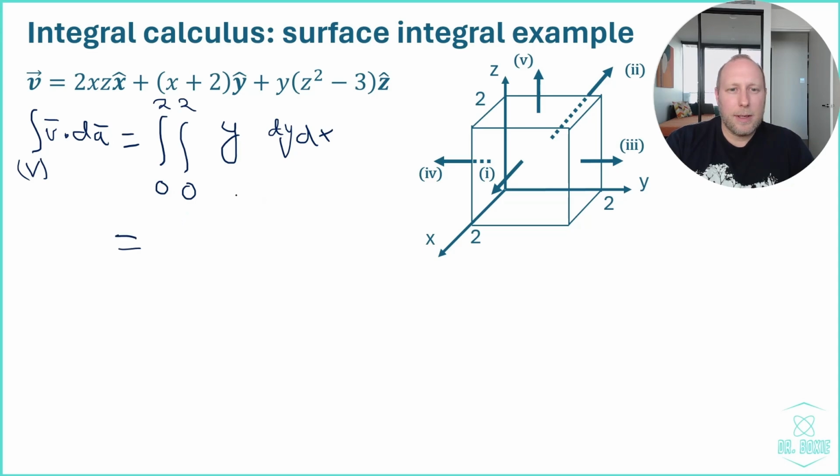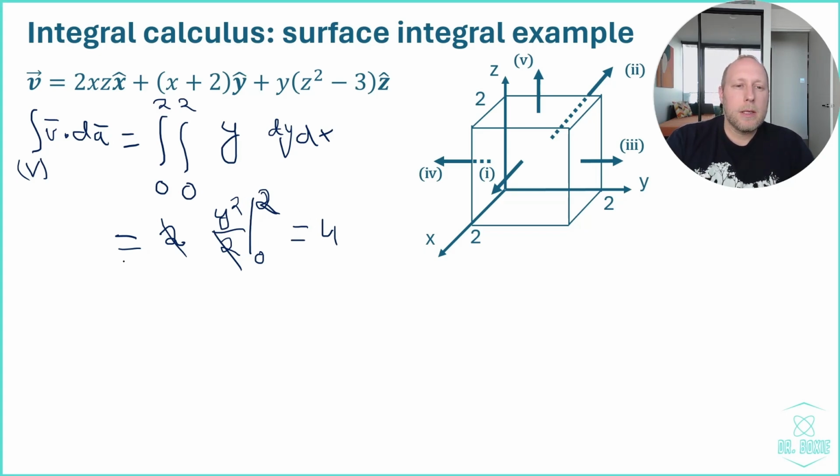Solving the x integral can be done immediately. There is no x dependence, and so we just get a 2 at the front. And we're left with the integral of y dy from 0 to 2, which is y squared divided by 2, evaluated between 0 and 2. Notice that the 2's cancel out, and evaluating y squared at 2 gives us 4, evaluating it at 0 gives us 0, so we're left with 4.